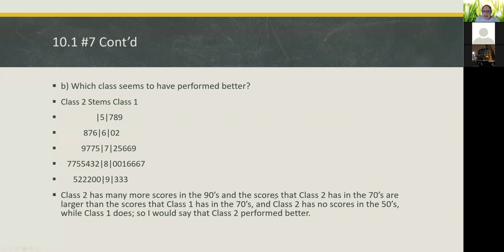And the scores that class 2 has in the 70s are bigger than the scores that class 1 has in the 70s. Right? Class 2 doesn't have any scores in the 50s, while class 1 does. Right? So I would say that class 2 performed better. Does that make sense?